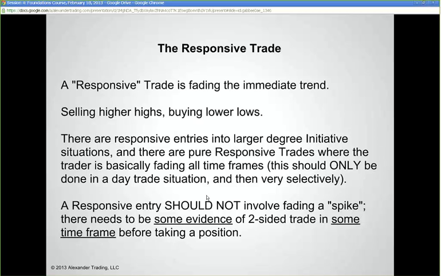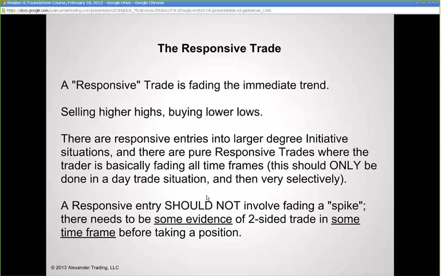And if you think the break, like this morning, or the example we used 2 days ago, where you have that smaller degree balance area and you want to be long. Well, if you've got a minor balance area, a small degree balance area, you're actually fading if you buy the low of that smaller degree balance area. That's a responsive entry into what you're assuming is going to be an initiative situation.